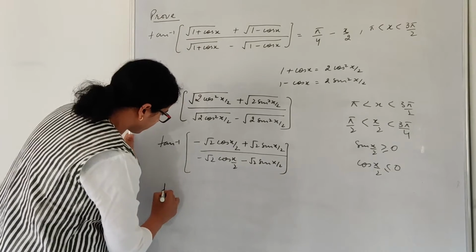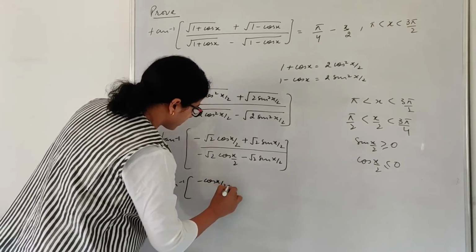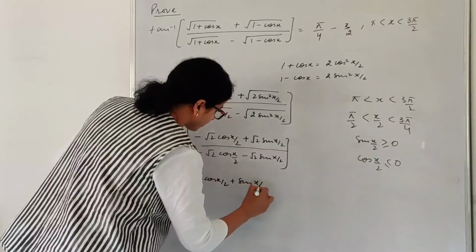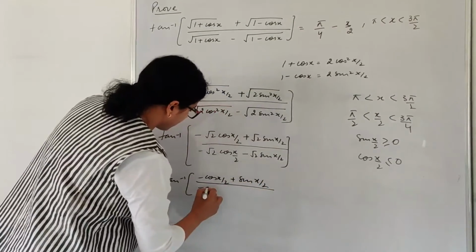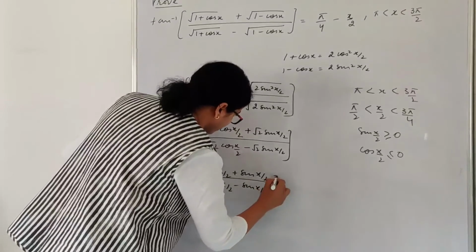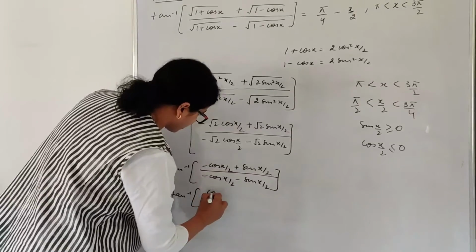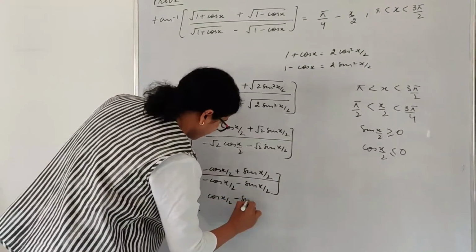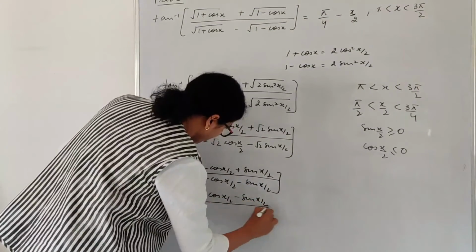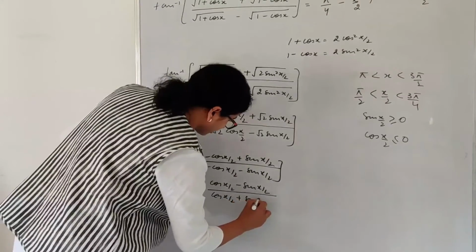So now tan inverse of minus cos x by 2 plus sin x by 2 upon minus cos x by 2 minus sin x by 2. Okay. This can be written as tan inverse of cos x by 2 minus sin x by 2 upon cos x by 2 plus sin x by 2.